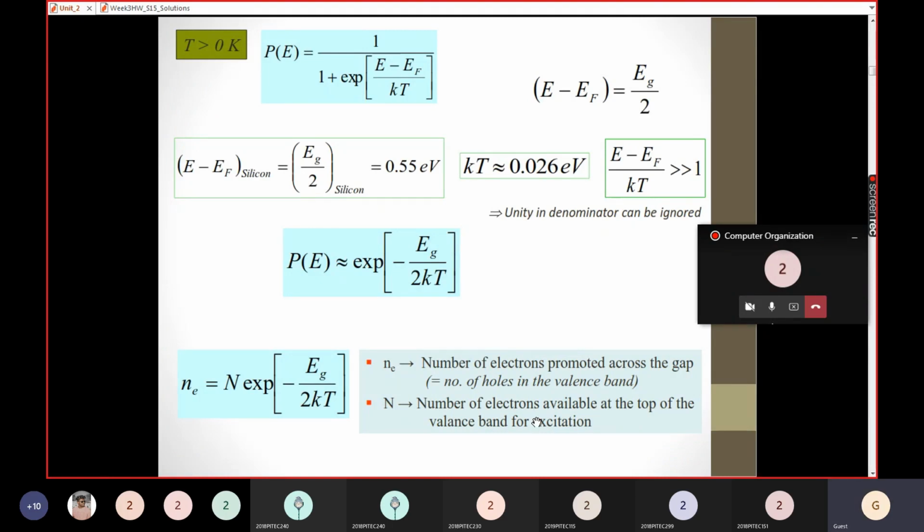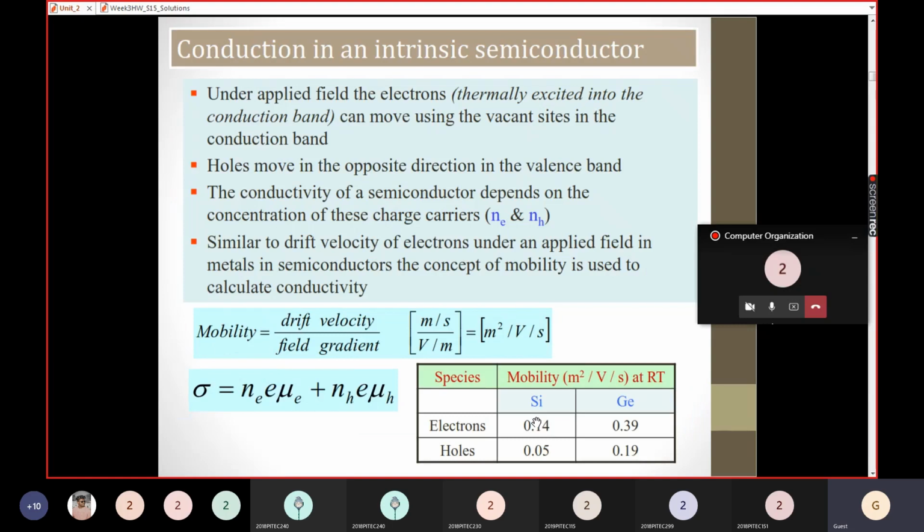Now let us move to the next thing. One important thing you have to remember is this table. What is the value for electrons in silicon, and what is the value for electrons in germanium, as well as for holes? Check this table.